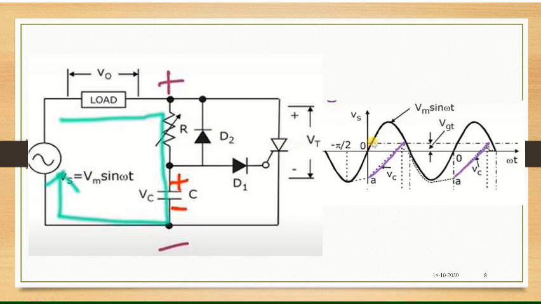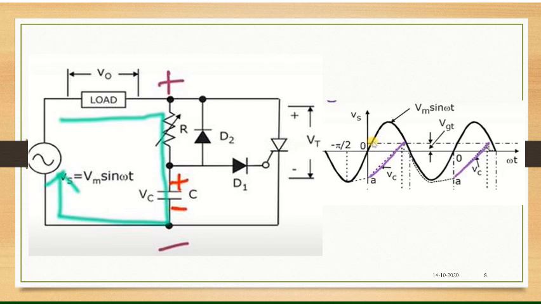So if the voltage coming here via D1 reaches or is equal to VGT, then the SCR will trigger, or the SCR will turn on.